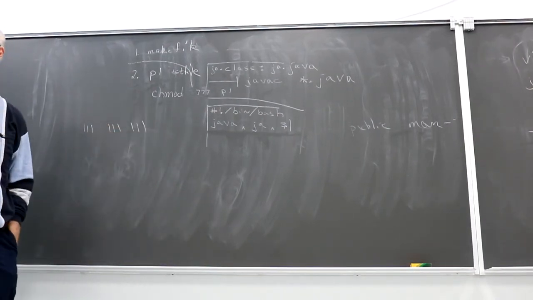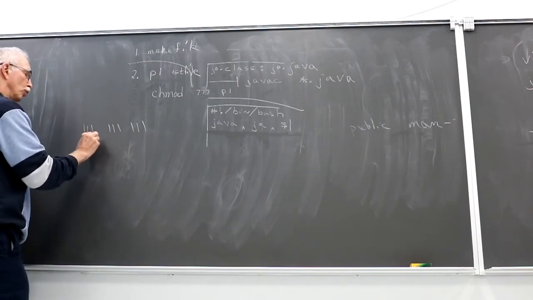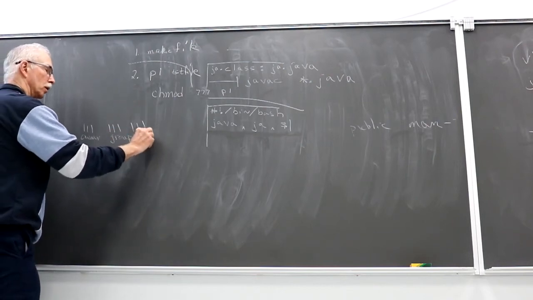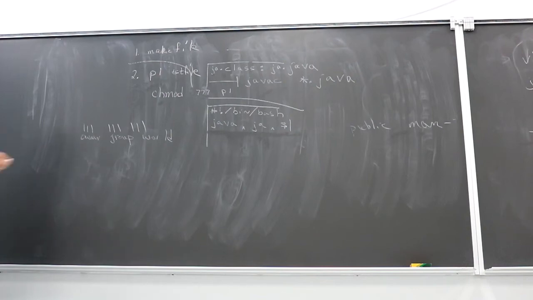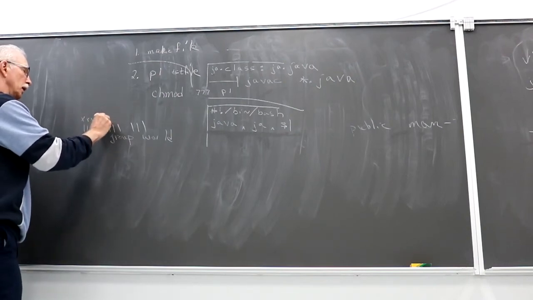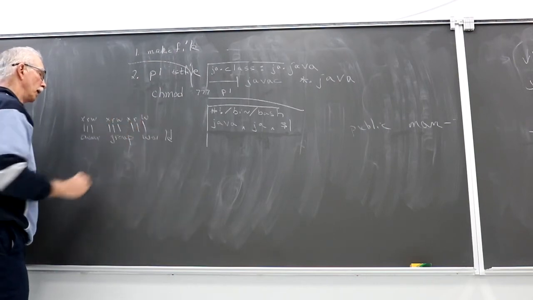That's permissions on the file. This is owner, group, world. This is execute, read, write, execute, read, write, execute, read, write.